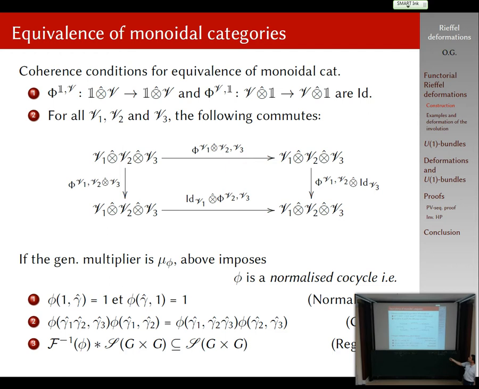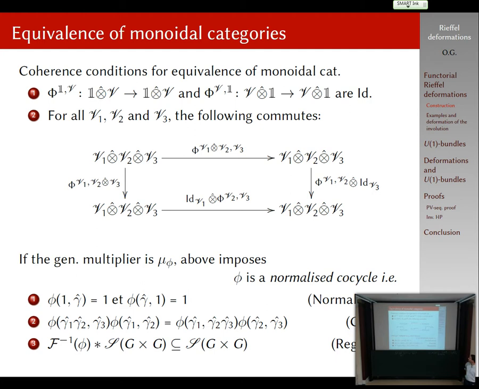Okay, so these two conditions can be translated at the level of the properties of the map phi, and these are a condition of normalization, which is this one, and the condition of cocycle. This is really what ensures that what you have here is associative. And finally, you have a condition of regularity to make sure that if you start from something which is in the Schwarz algebra, you end up with something which is in the Schwarz algebra too.